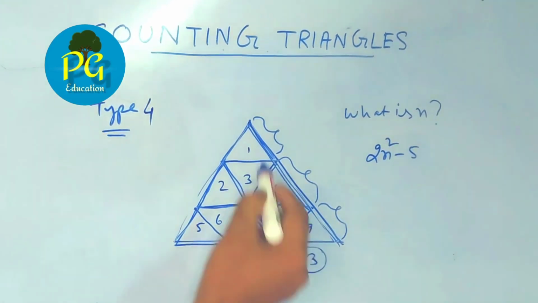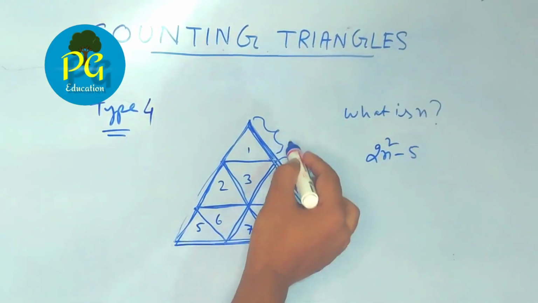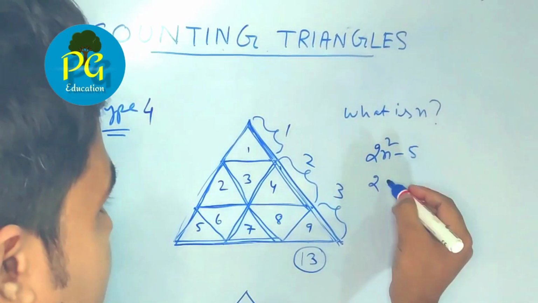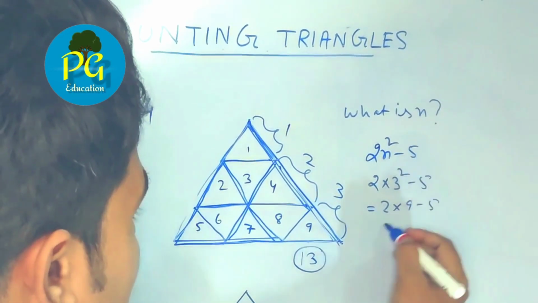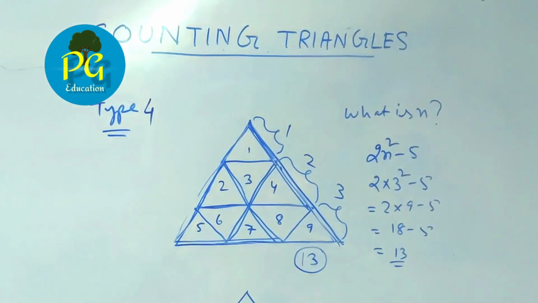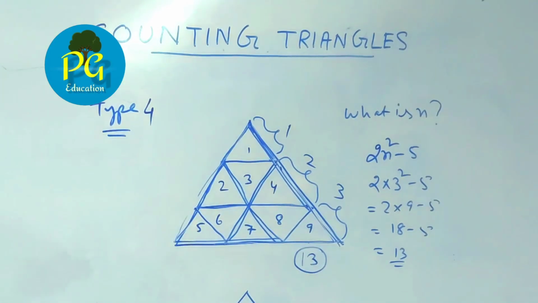How many segments are there on a side of this triangle? 1, 2, 3, 3 segments. So in place of n you write 3. So 2 into 9 minus 5, 18 minus 5 equals 13. So very easily we can find out the number of triangles without actual counting.